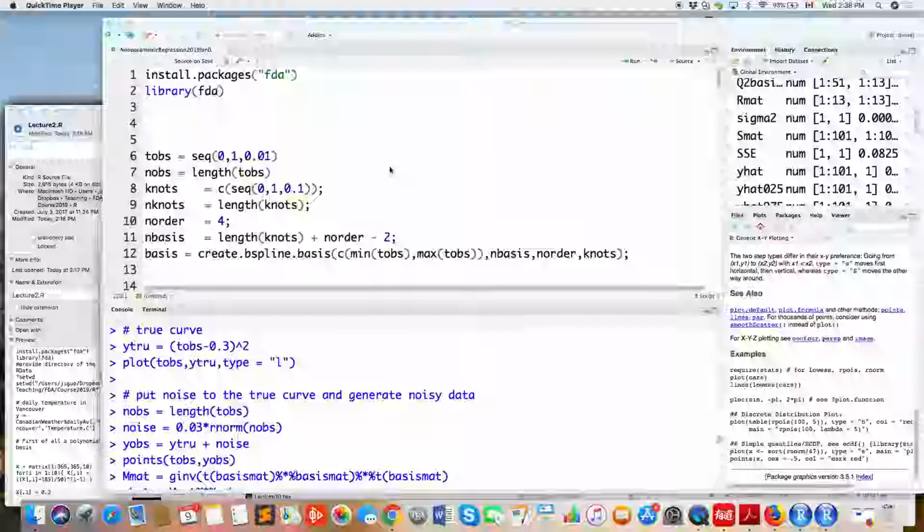So we will be using a very good package in R called FDA. As I mentioned in the first lecture, there's a very good book called Functional Data Analysis using R and MATLAB.